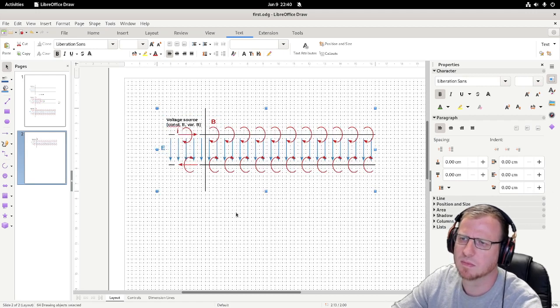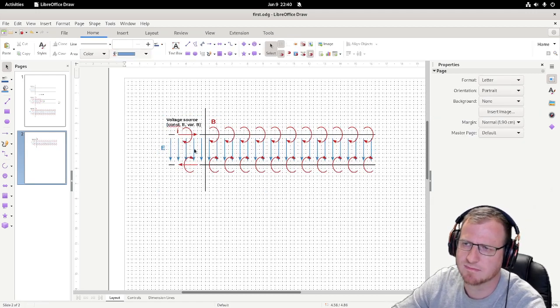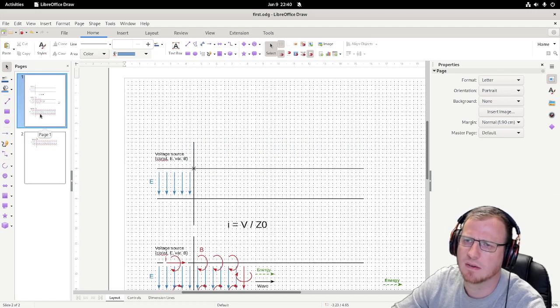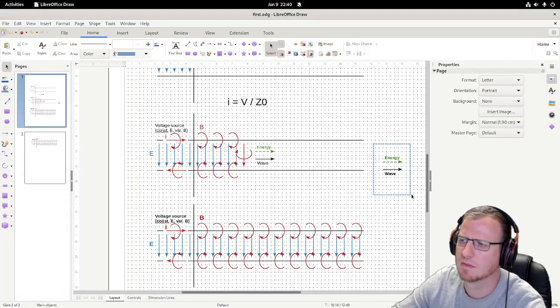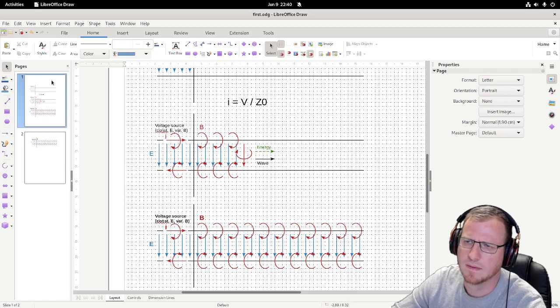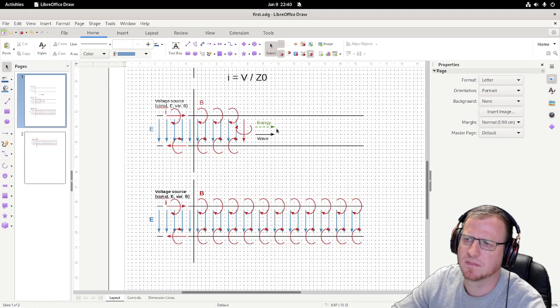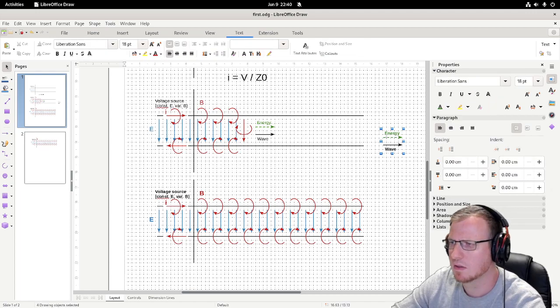Sometimes I love this application, and sometimes I don't love it. So, okay, we have forgotten these two. No, I don't want to remove these two because they are very important.